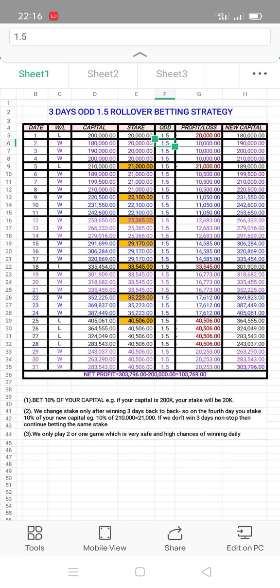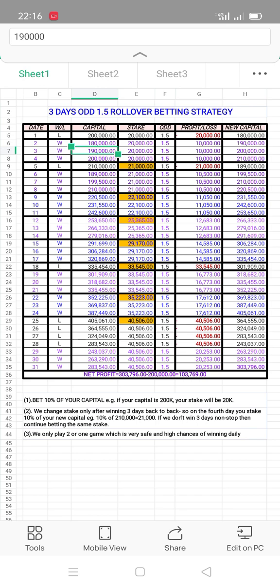After playing on odd 1.5, we won 30,000, but in this column of profit or loss, we only record our profit. So we won 30,000 minus the stake, which was 20,000. So the profit was 10,000. So our capital now will have increased to 190. Remember, it was 180. You picked 20,000, you won 30, so it increased by 10. Now it is 190.